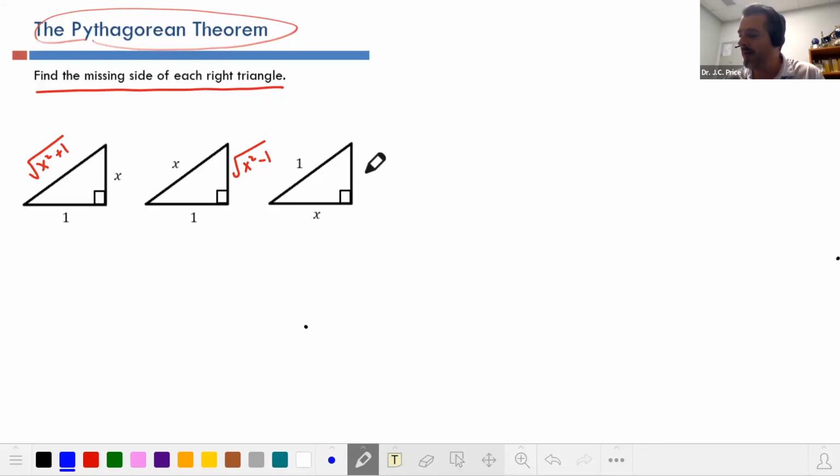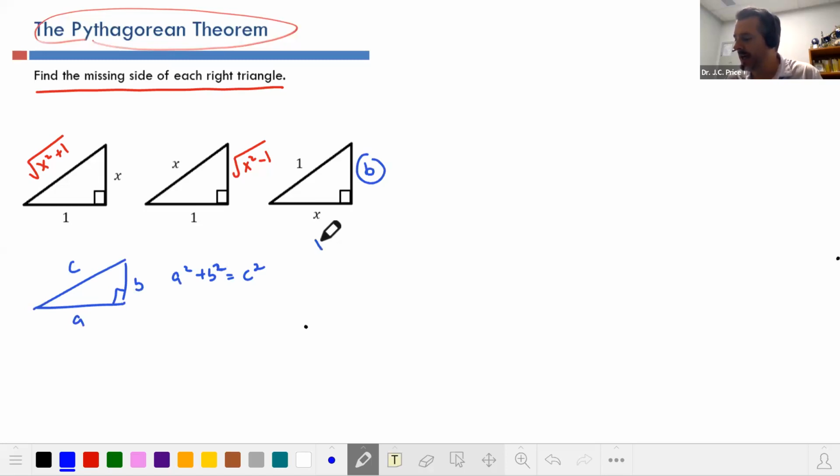So the way that I found that one is I just used the Pythagorean theorem. So I'm going to call this side B. And so remember, the Pythagorean theorem says, if I have A, B, and hypotenuse C on a right triangle, I know that A squared plus B squared is equal to C squared. And so I can use that to find this B right here.